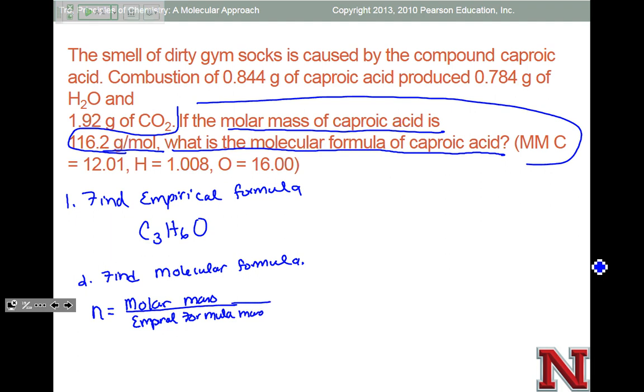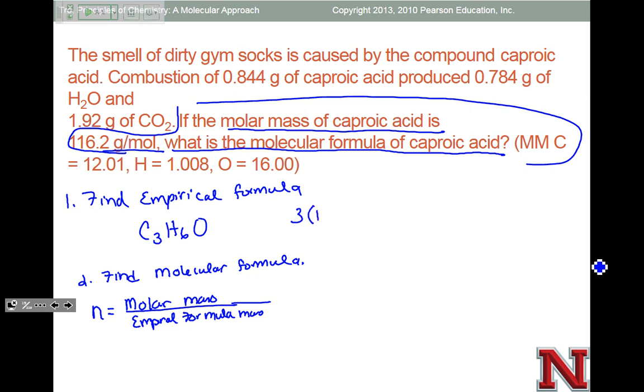And again, if we figure out the mass of our empirical formula and it's more than our molar mass, we did something wrong. Because our empirical formula should be lower, because our empirical is our lowest whole number ratio. So there's a lot of places along this where you can be like, no, this can't be right, I must have done something, let me go back. So you have a lot of times where you can do that.